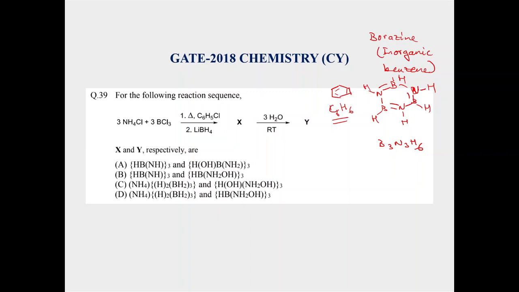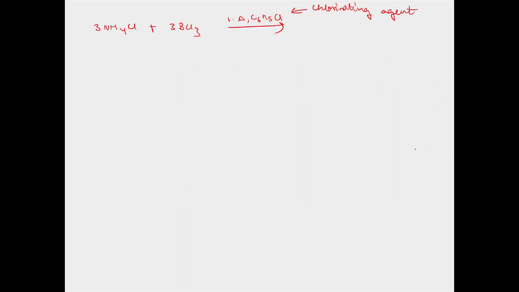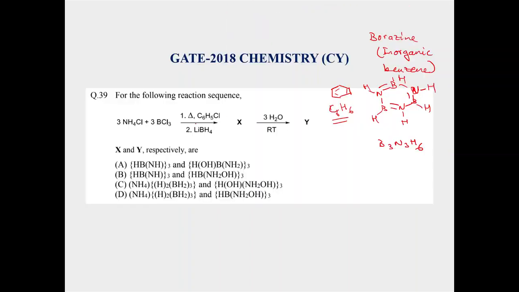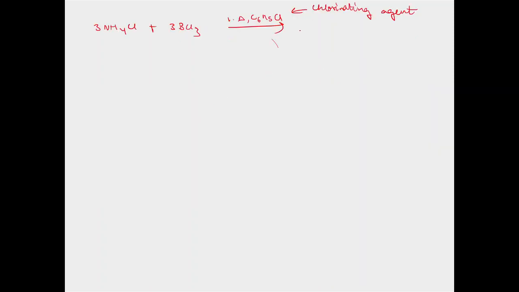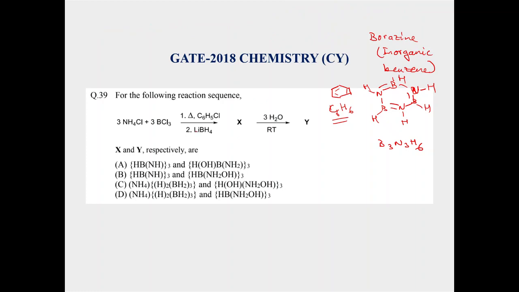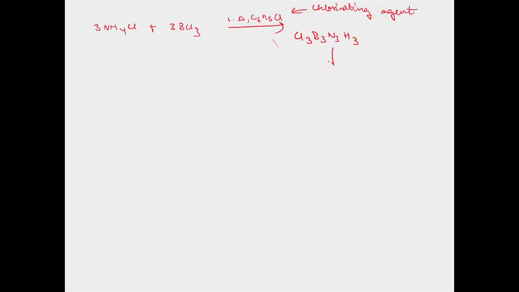So this is one of the ways of synthesizing borazine. We will see how it is forming. In the first step, they are adding C6H5Cl and heat. So this is a chlorinating agent. First, it will form Cl3B3N3H3. And then they are treating it with LiBH4.